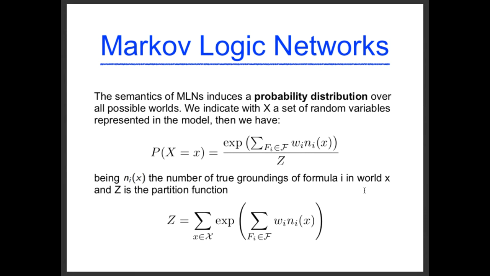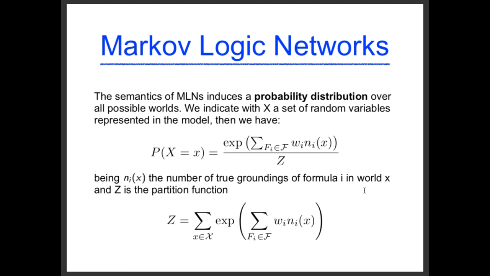This is proportional to a sum over all the formulas in the MLN. F is the set of formulas in the MLN, and n_i is the number of groundings of that formula that are true in world x.